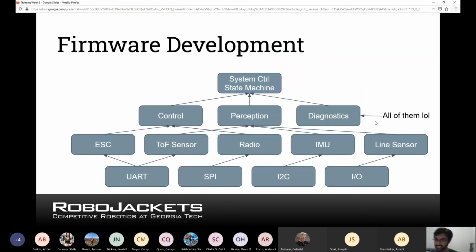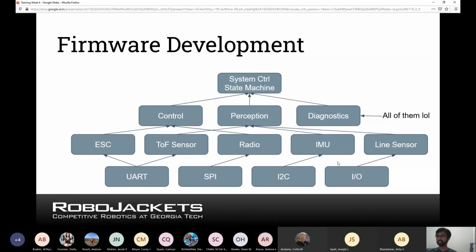So yeah, lastly, to show the same structure, we have the firmware of the Gucci system. You have different peripherals such as UART, SPI, I2C, and digital I/O.